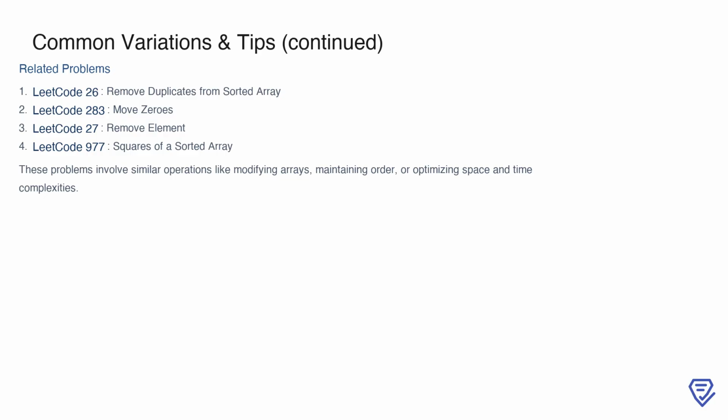LeetCode 27, remove element, is another great example, where you remove specific elements from an array while minimizing the use of extra space. Lastly, LeetCode 977, squares of a sorted array, focuses on transforming and sorting arrays efficiently. All of these problems emphasize operations like in-place modifications, maintaining order, and optimizing time and space complexity. Practicing these will not only enhance your problem-solving skills but also prepare you for variations of this challenge.